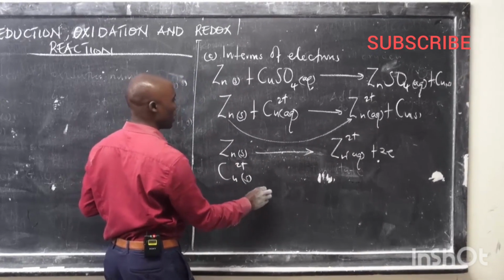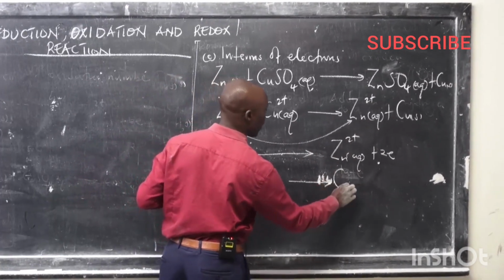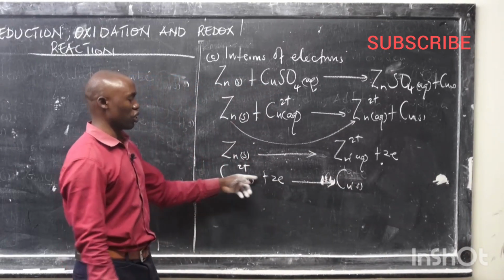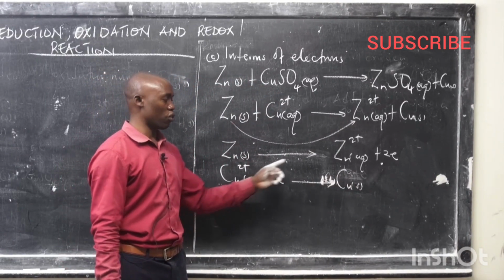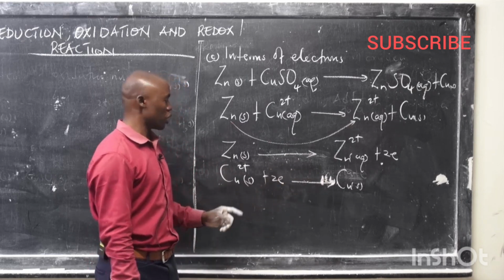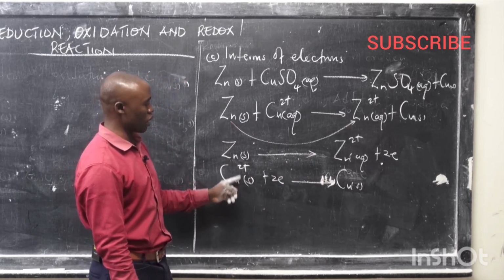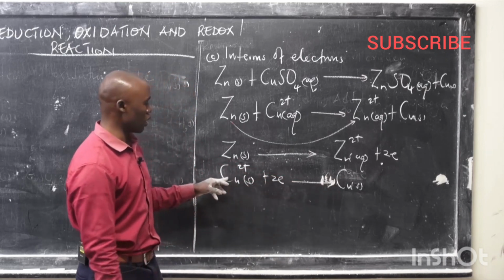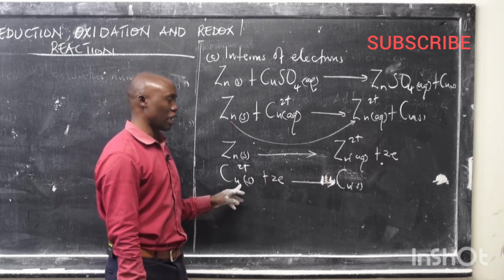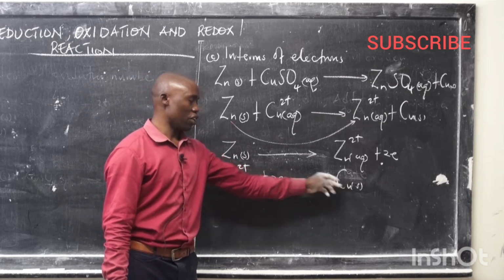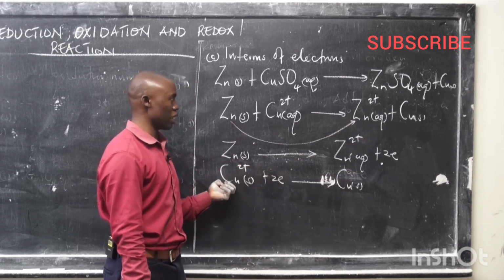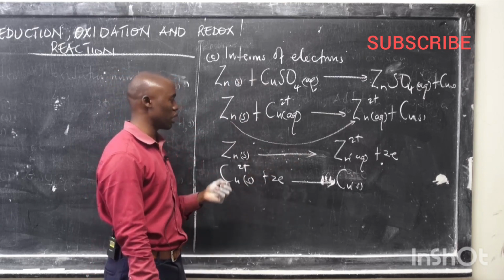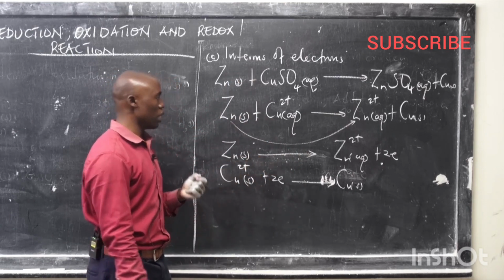Now, for copper(II) ions to become the copper atom again, we must give them electrons. So copper(II) ions have gained electrons to form copper metal. In other words, copper(II) ions have been reduced by gaining electrons. So in terms of electrons, reduction is gain of electrons.